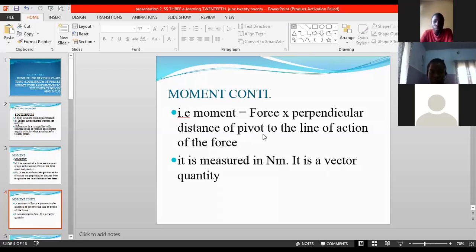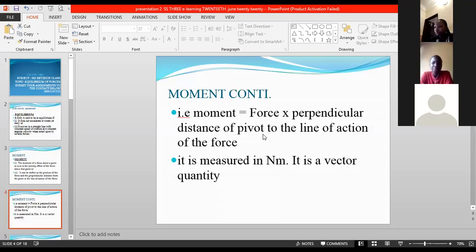So if you are asked to calculate the anti-clockwise moment about the pivot, the point of fulcrum, look at the fulcrum. This triangle is the fulcrum. If you want to calculate the anti-clockwise moment, ACWM, it will be equal to force multiplied by perpendicular distance.